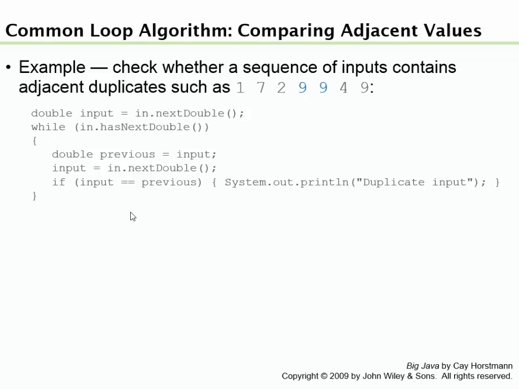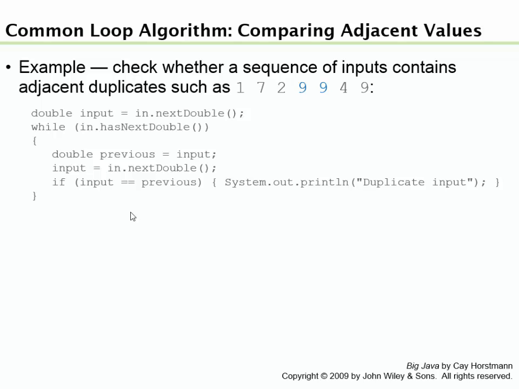What you're trying to do is look for adjacent duplicates. So you take the input and store that in previous, and then you go and get the next number. So you've read in this one and now the 7. And if the input is equal to the previous one, then you say, hey, there's a duplicate input. Otherwise, you keep going.